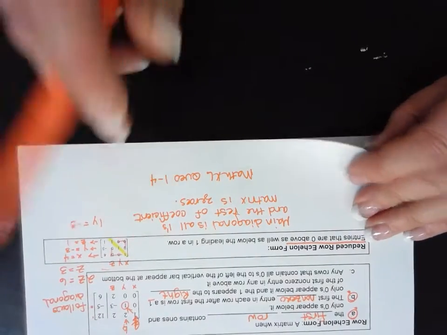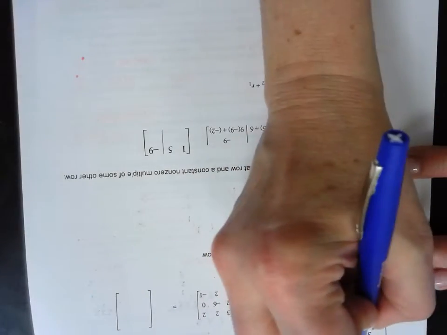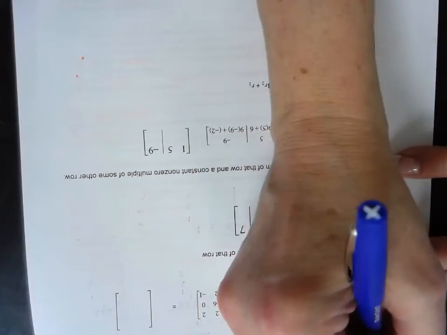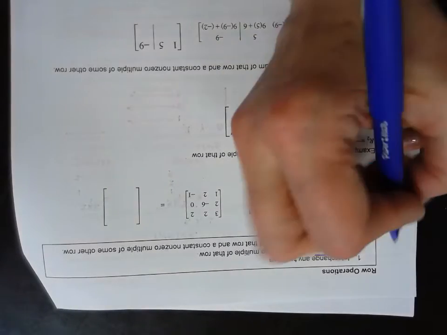Okay. All right. So let's talk about how we're going to get all those ones and zeros, because that makes it real handy dandy. And what you do is called row operations. Row operations, you can interchange any two rows. So this is the first one.